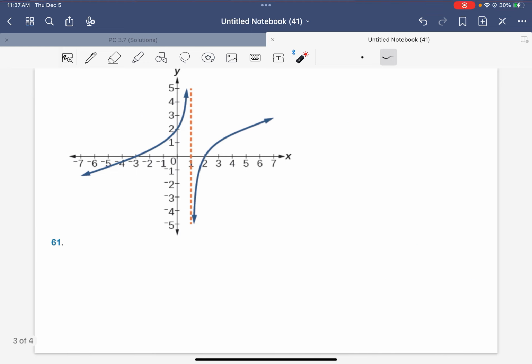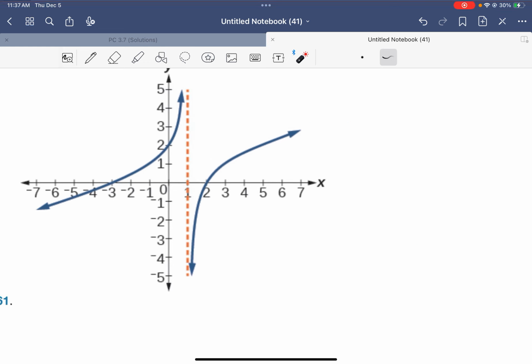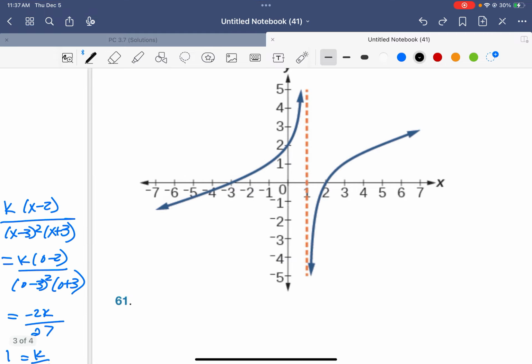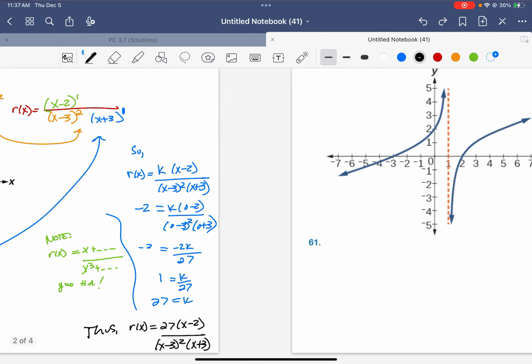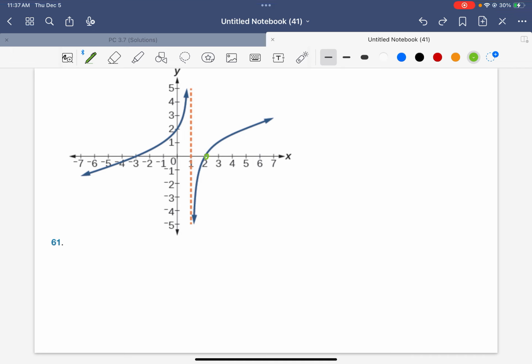So that's 59. Let's look at 61. Same sort of reasoning. I've got a 0. What did I start off with over here? -2. So since I've got a 0 at 2, since that's an x-intercept, that means that in my rational expression in the numerator, I'm going to have an x minus 2.